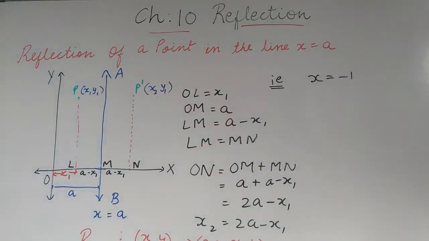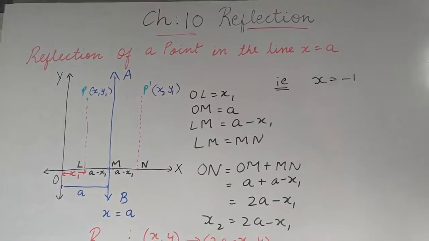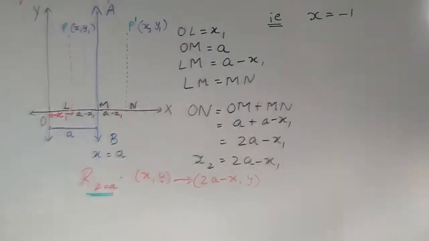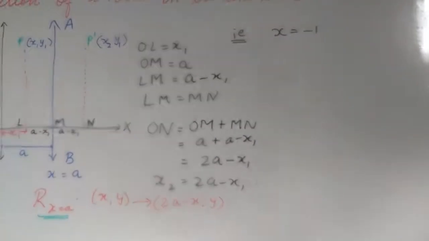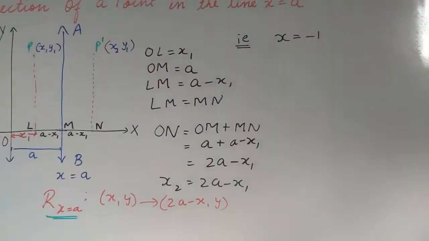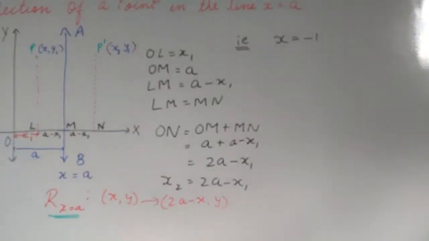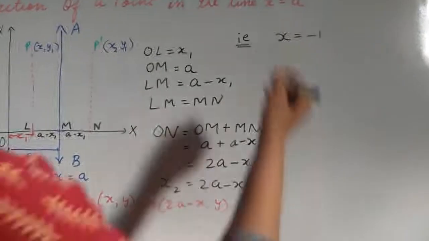Some point is also given, suppose (2, minus 3). This is the point P given to you, and you want to reflect it under this line x equal to minus 1.